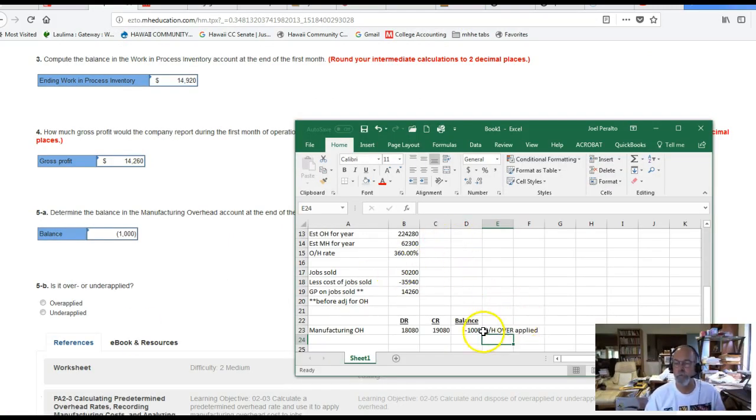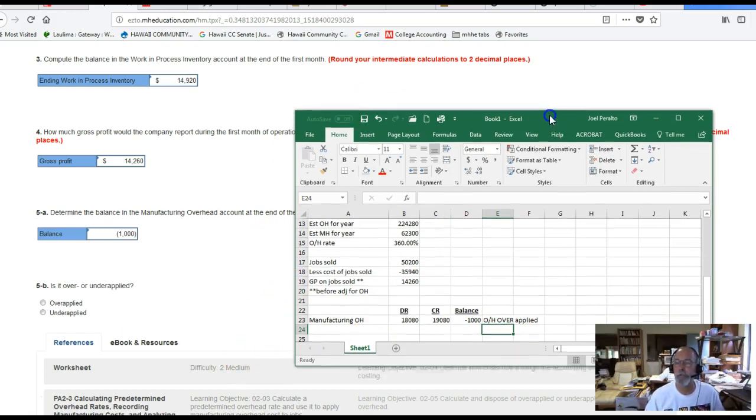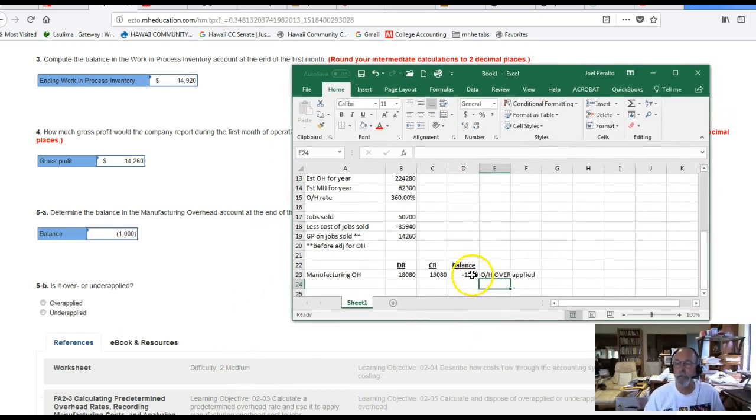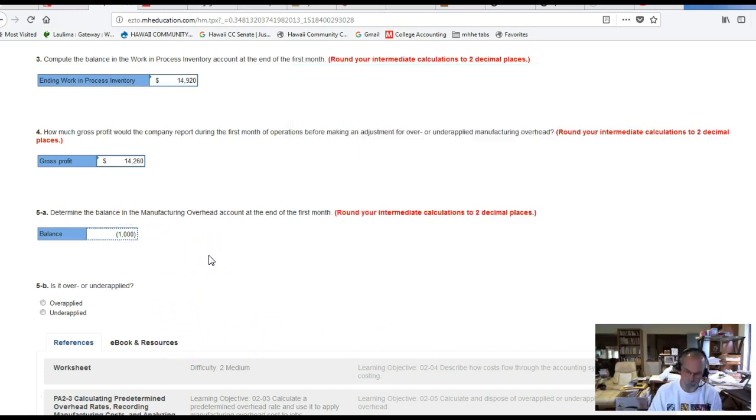Okay, well, I figured out why that is showing as incorrect, and that is although it's a negative or credit balance in the overhead account, what they want to see in the answer space here is not a negative amount. They just want to see that amount as a positive. So instead of negative 1,000, I'm going to change it to just 1,000.